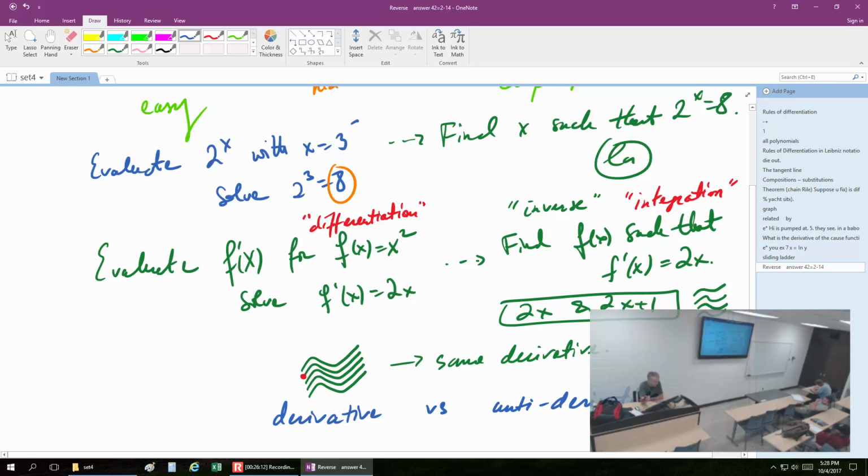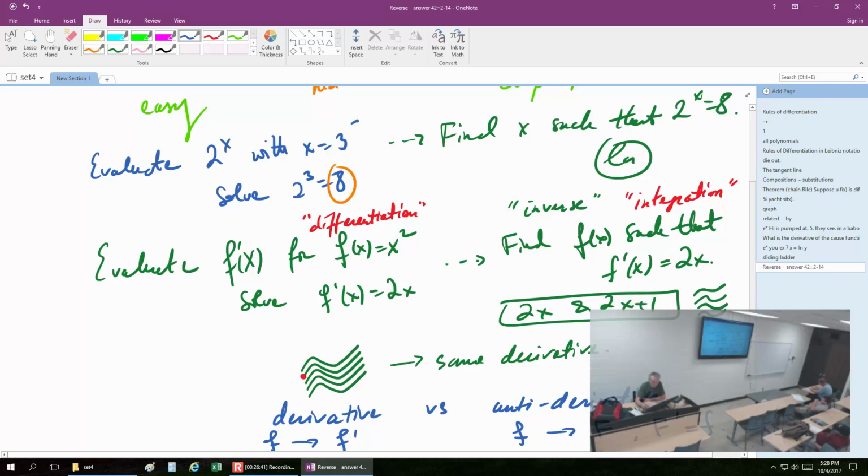So finding the derivative of functions, as we have done, and now it's the reverse. Given functions, find their antiderivative. In other words, from f to f prime, and here from f to some capital F, such that capital F prime is equal to f.